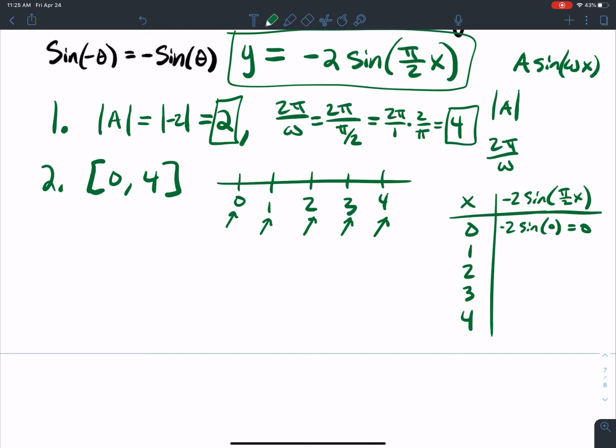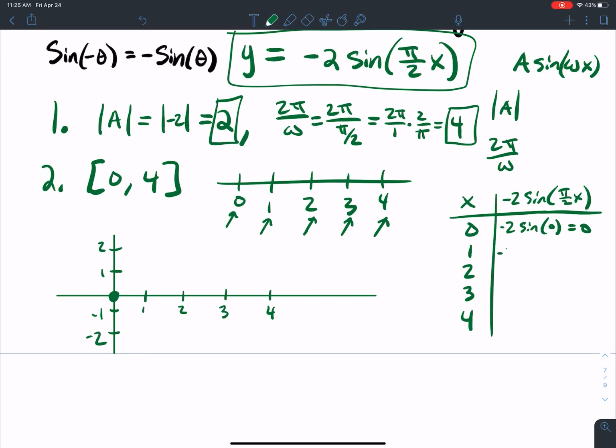Okay. So if I'm graphing this, what is this going to look like? 1, 2, negative 1, negative 2, 1, 2, 3, 4. So that's one period. So I have my first point at 0, 0.